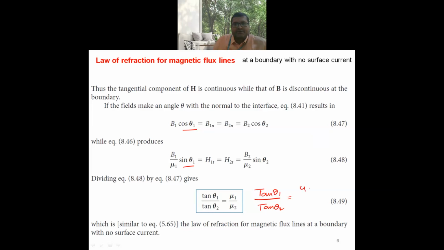This can be simplified as tan theta 1 by tan theta 2 is equal to mu r1 by mu r2. This is called the law of refraction of magnetic flux lines at a boundary with no surface current, which means this equation is valid with K equal to 0.